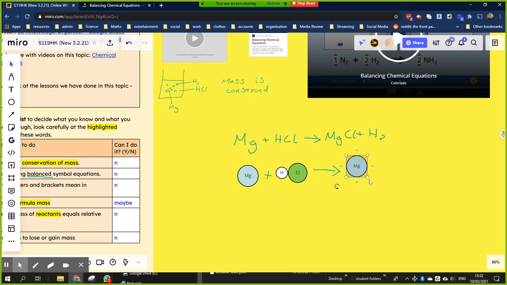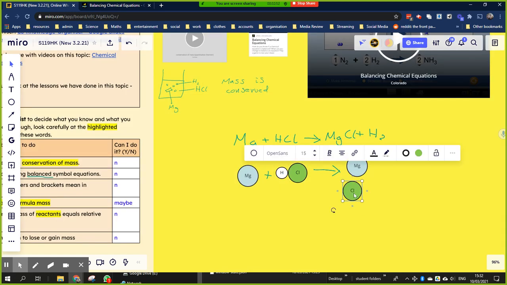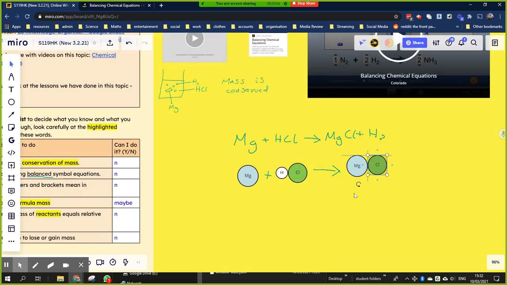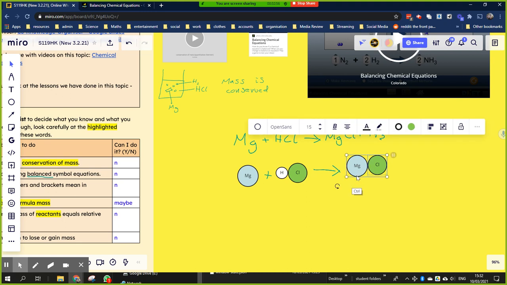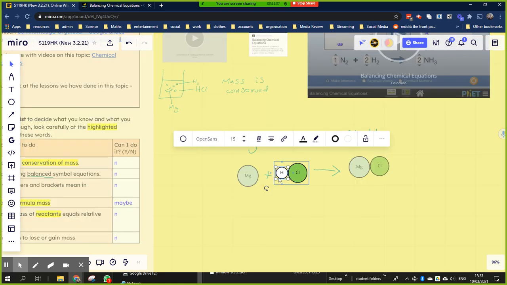So there's magnesium, and I'm just going to copy that chlorine atom and group it. I can hold Control and select the other one, or just do Control G, and then that groups those. So they're now grouped as well. And then we're going to take this hydrogen.